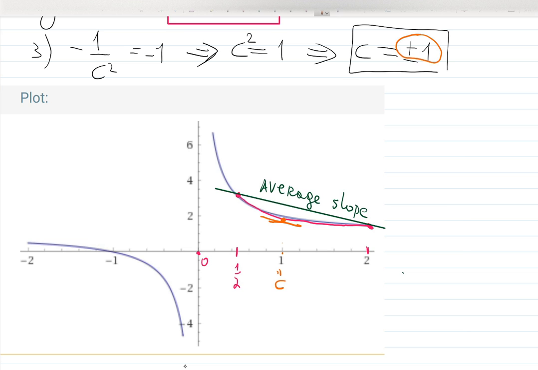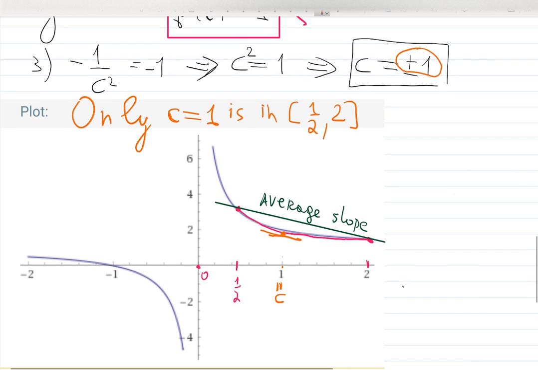Because only c equals 1 is in the interval 1/2 and 2. So the answer is c equals 1. That's where this magic happens.